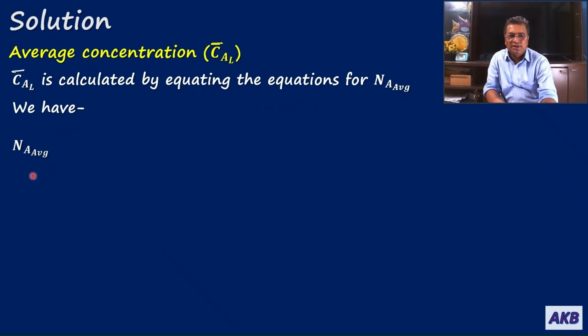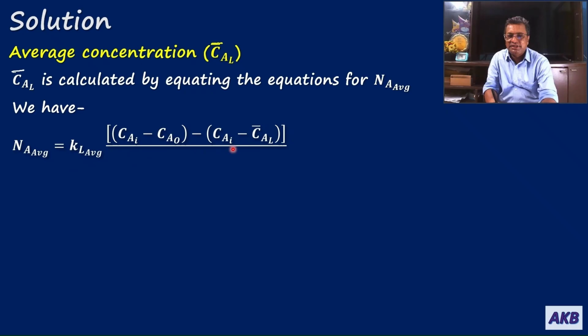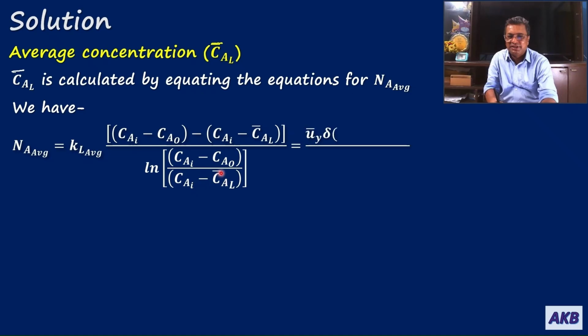So we have NA average is given as KL average into CAI minus CA naught minus CAI minus CAL bar divided by ln of CAI minus CA naught divided by CAI minus CAL bar. That is equal to UY bar into delta into CAL bar minus CA naught divided by L.